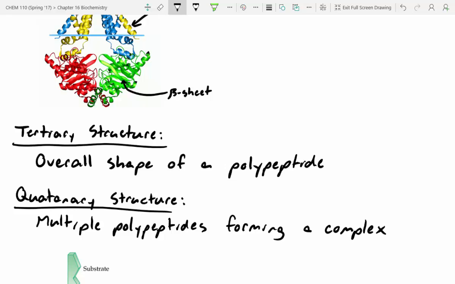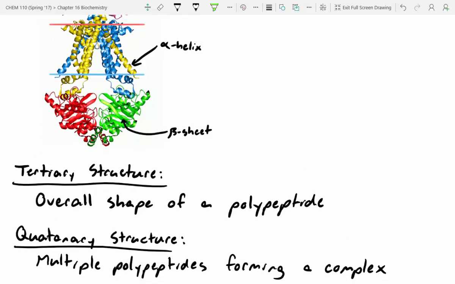So instead of just one polypeptide strand adopting a shape, it's multiple of those kind of glomming together into one big glob. So for example, in the structure up above, you can see we've got a blue polypeptide, a yellow polypeptide, a red one, and a green one. And they're all kind of docking together in order to form something more complicated. So that's our quaternary structure.